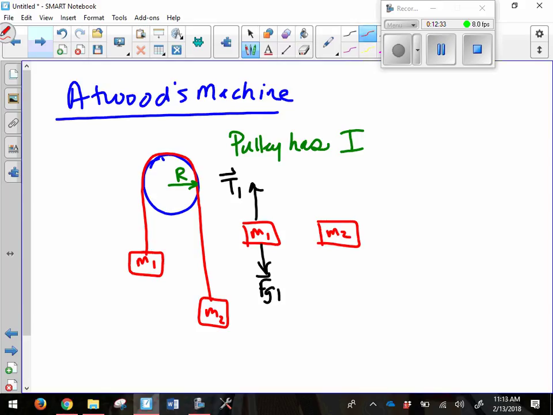I've got my M2. And again, I'm going to have FG2 going down, tension T2 going up. Not necessarily.